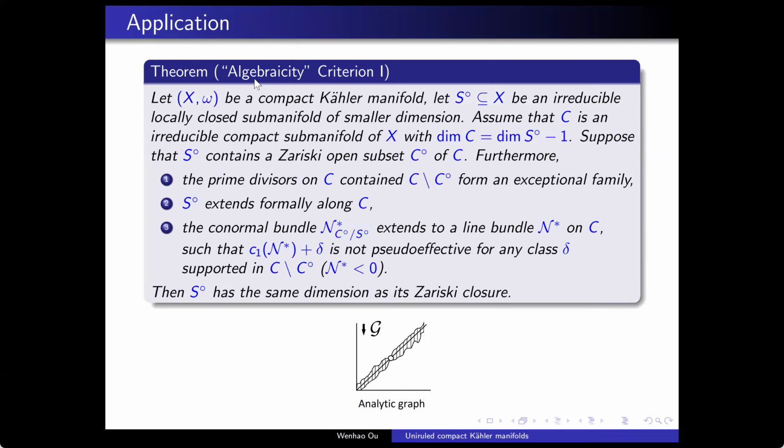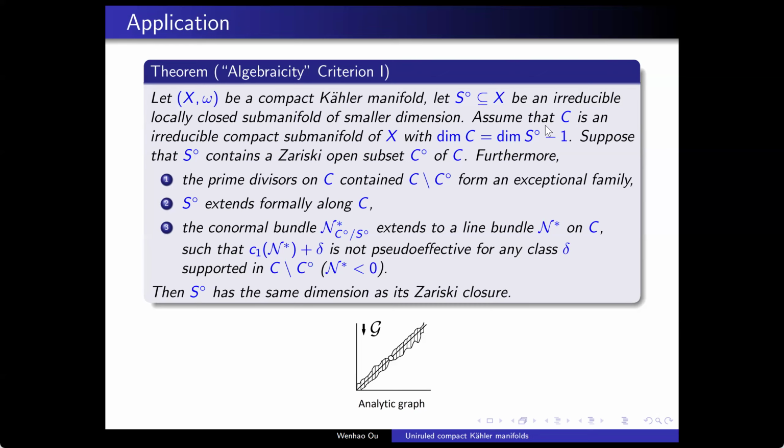Now I will introduce two algebraicity criteria. Now I will determine when this S0 has the same dimension as its Zariski closure. So let (X, omega) be a compact Kähler manifold and S0 be an irreducible locally closed submanifold of smaller dimension.